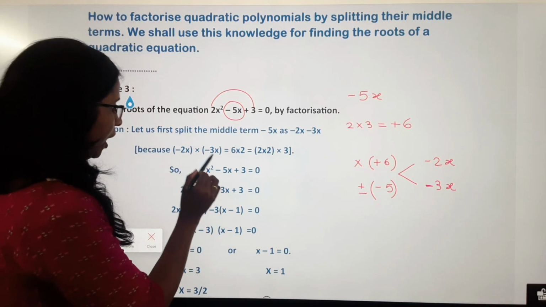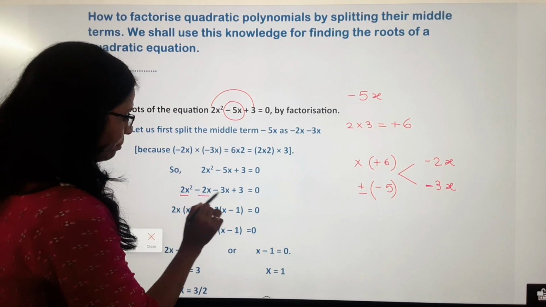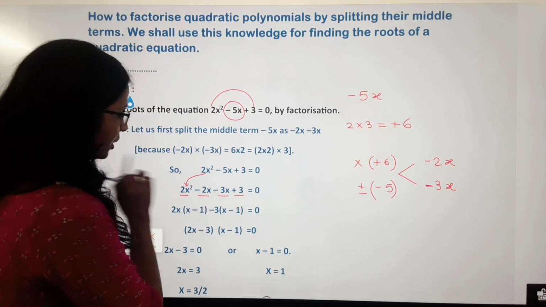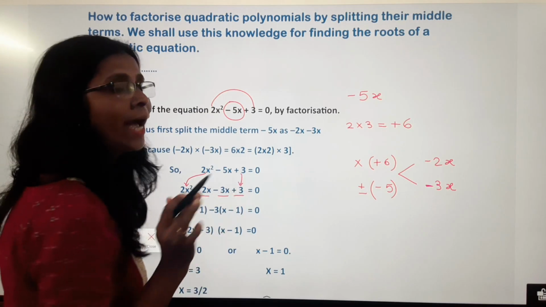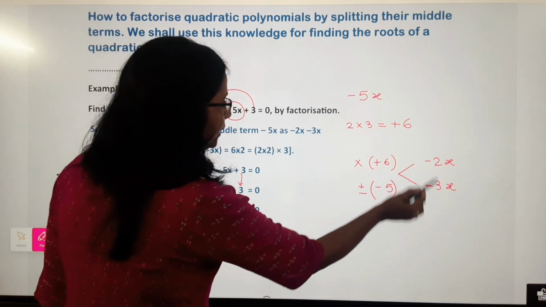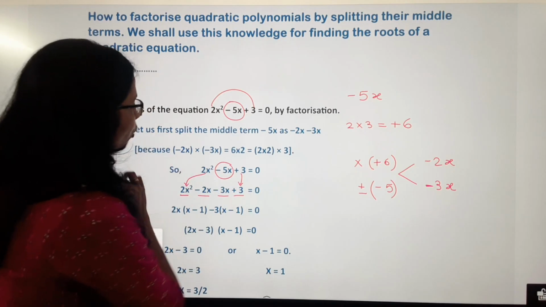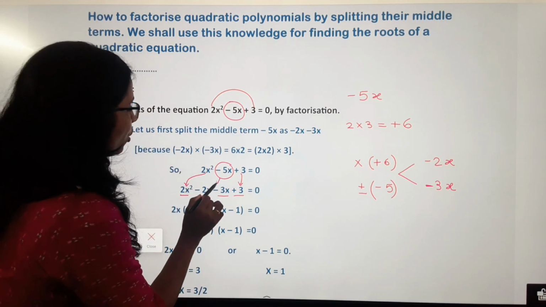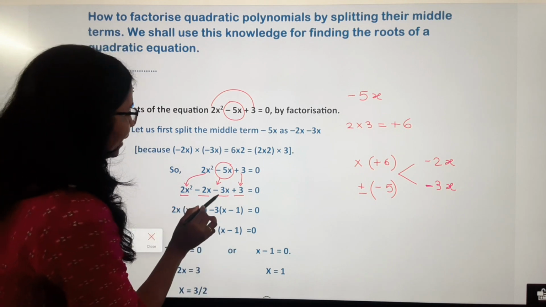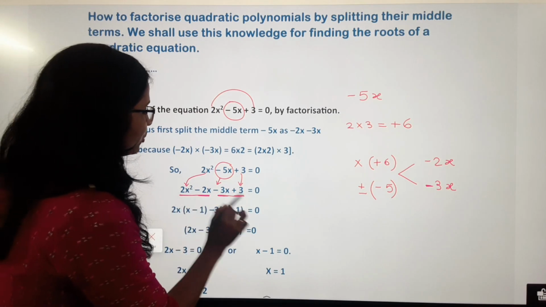So now here our first step will be 2x square minus 2x minus 3x plus 3. Here the first term and the third term we write as it is with their sign, and only you have to write these two terms instead of minus 5x, or we can say replace minus 5x by minus 2x minus 3x, and then make the group of these two and group of these two.